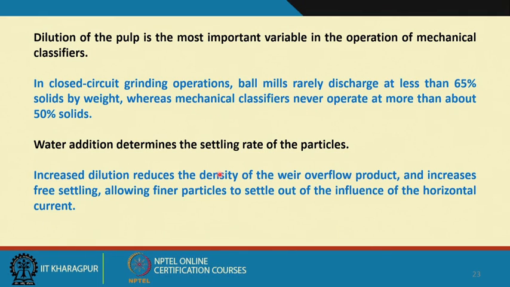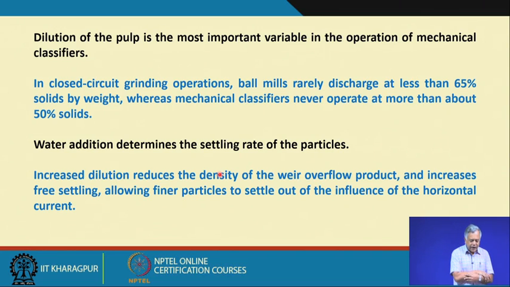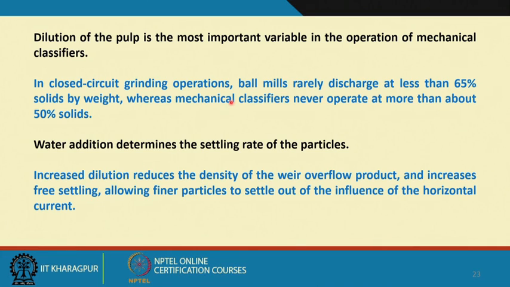Dilution of the pulp is the most important variable in the operation of mechanical classifiers. That means, what is the maximum solid percentage in the feed I can have? That is the most important operating variable. In closed circuit grinding operations, ball mills rarely discharge at less than 65% solids by weight.